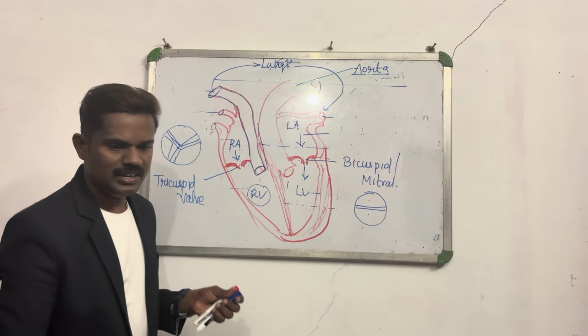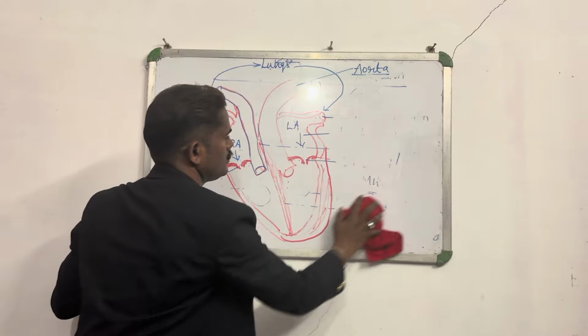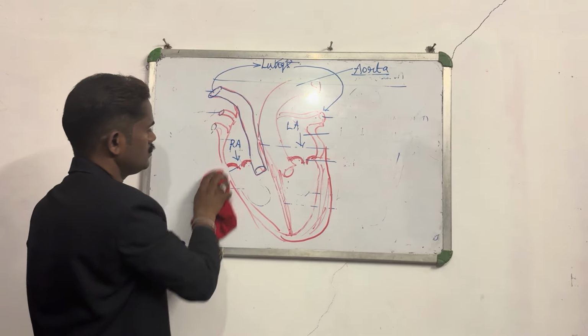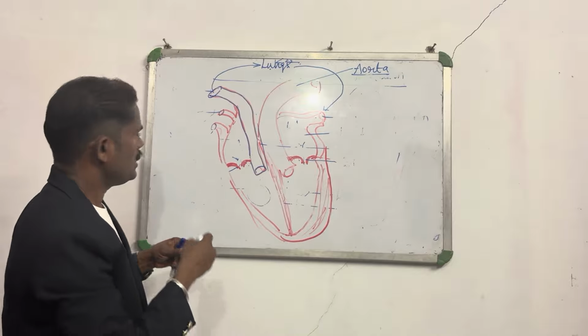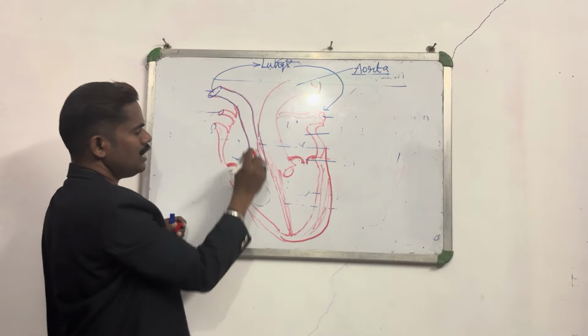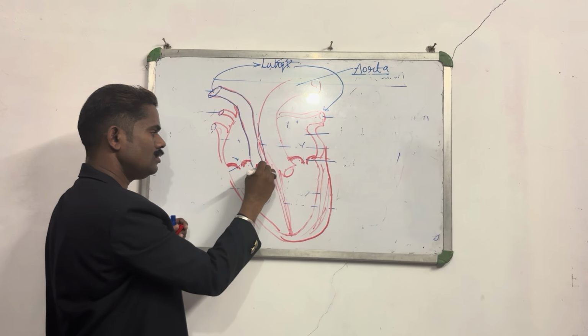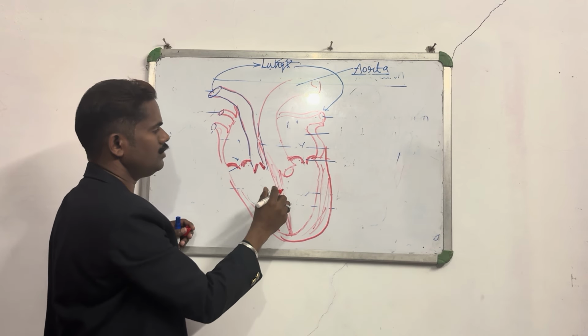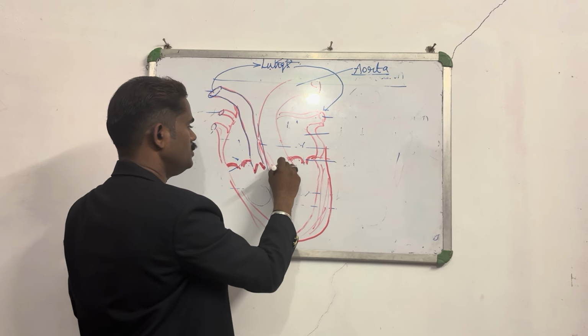In addition to this, two more valves are there. One is at the beginning of pulmonary artery, there is a moon-shaped valve, and here also at the beginning of aorta, there is a moon-shaped valve.